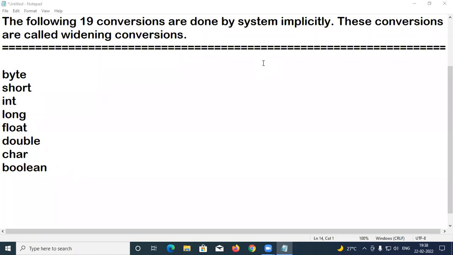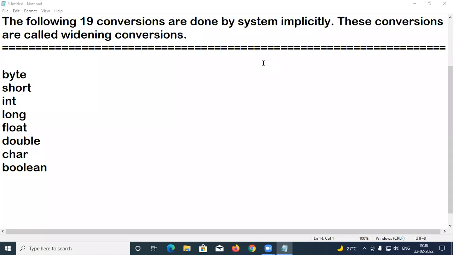Whatever is done by the programmer is called explicit. If all are done by the system, it is better for the programmer, but a burden from the system's point of view. If all are done by the programmer, it is a burden from the programmer's point of view. That's why responsibility is divided. Very regular ones, whatever we use often, are done by the system.